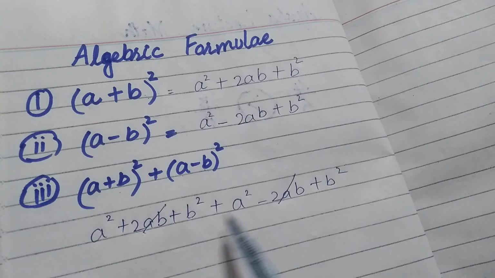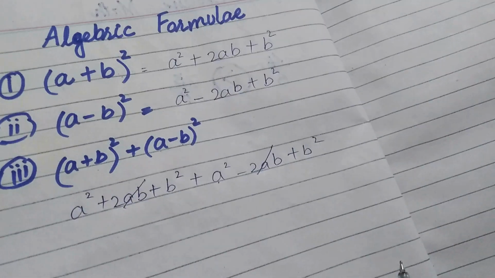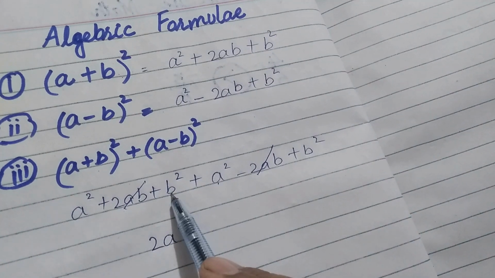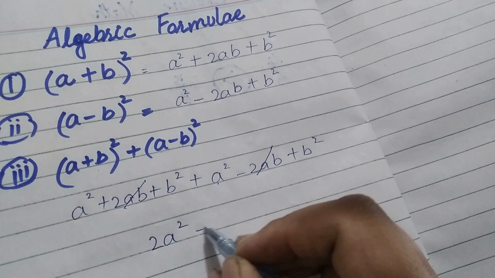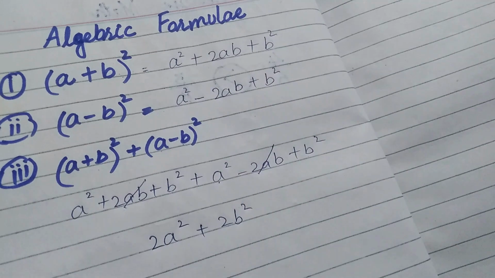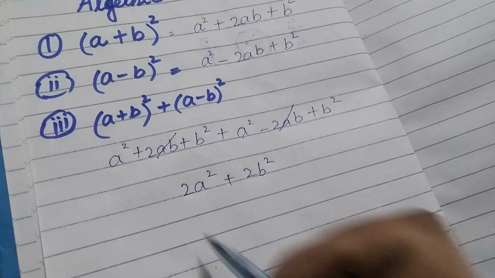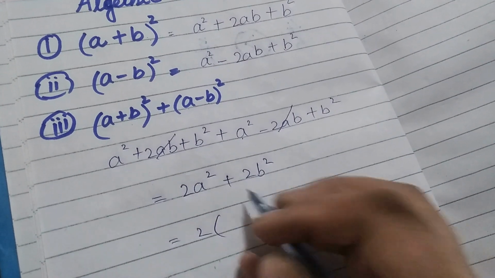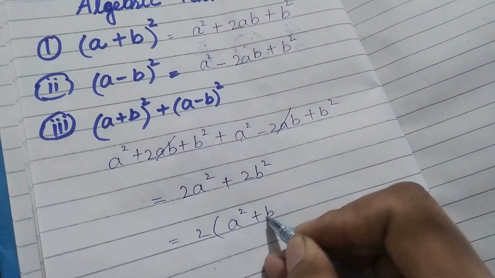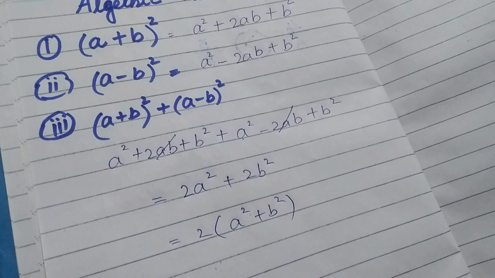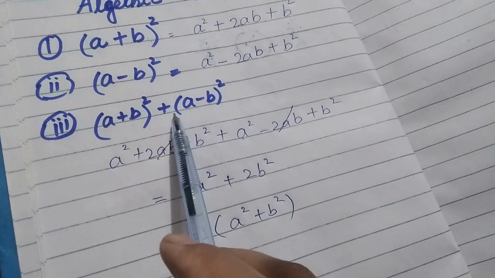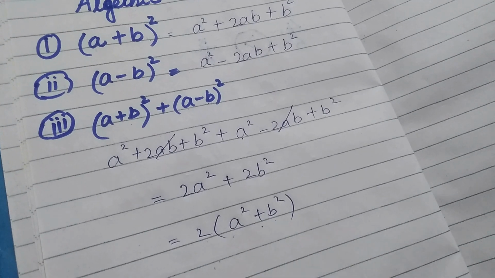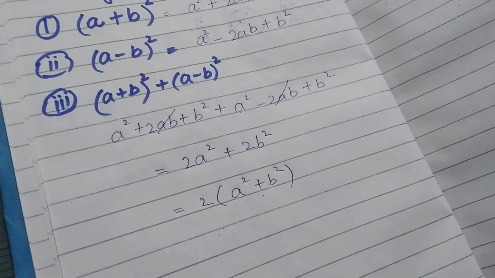Now 1a square and 1a square is 2a square, 1b square and 1b square is 2b square. Here we take 2 common: 2(a square plus b square). So (a plus b) whole square plus (a minus b) whole square equals 2(a square plus b square). We have proved.